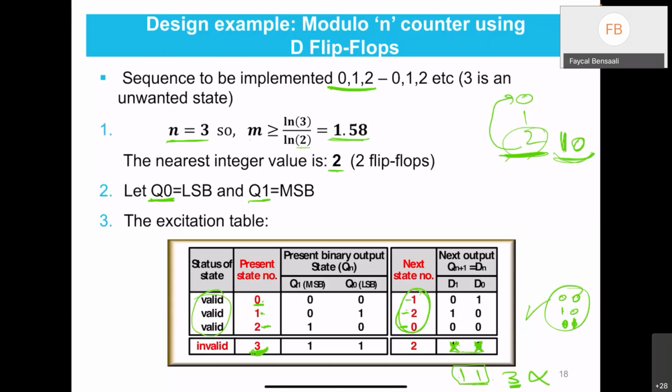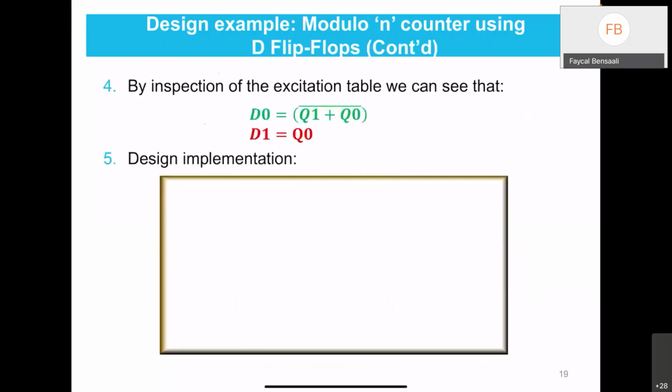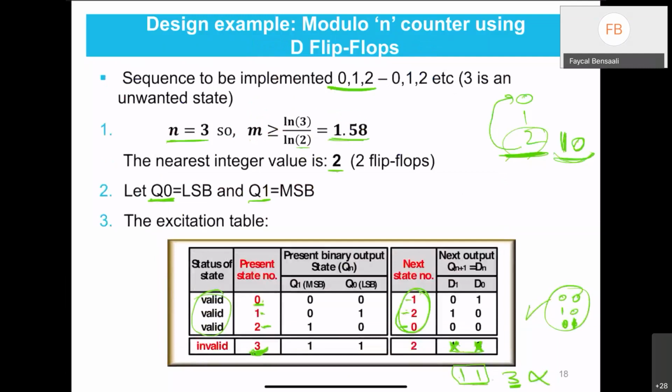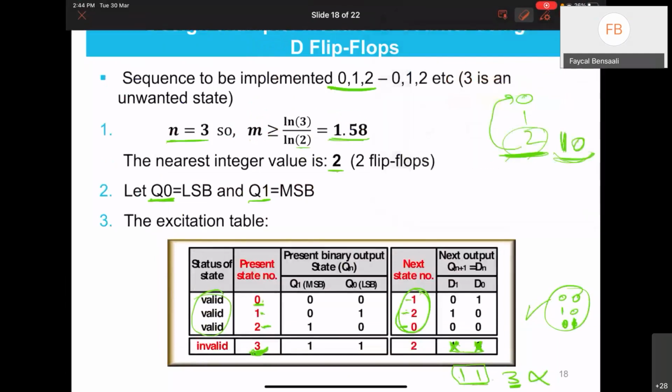I did this myself, and the best ones were those values. So this D1 is equal to Q0, so I don't need any extra gates. So I end up having 0, 1, which means I will redirect this to state 2.